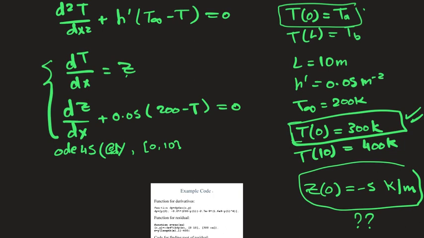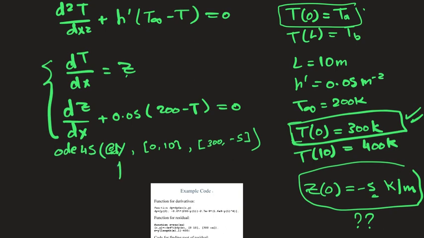The last is your initial conditions as a vector, one value for each dependent variable. We have two dependent variables: one is the given 300, and the other is the one we guessed, the -5. This is how you will call the solver.